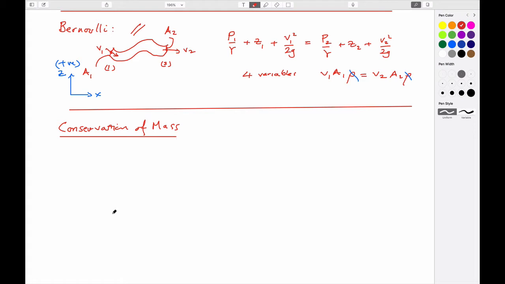We can write it in terms of Reynolds transport theorem, but if we go just the next step and write it out in full, then we can write the conservation equation in terms of some control volume.